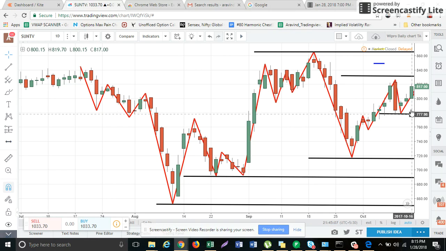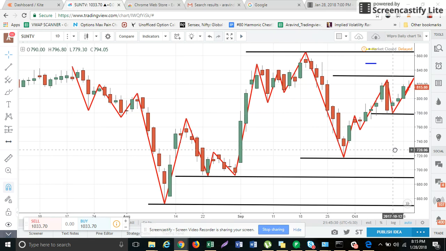And till 13th, it made a higher top, and again on 16th of October, it made a higher top. Let's see how we can trade from this particular candle. So we cannot do anything here because it is not breaking our swing high or swing low on this particular candle. Let's move on to the next day candle.